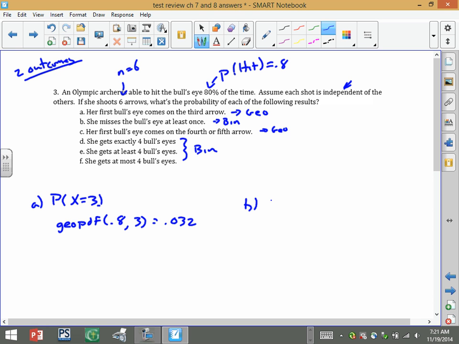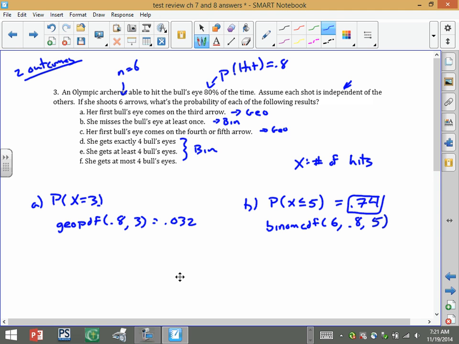So in other words, if x is the number of hits, that means that she gets less than or equal to 5 bullseyes. So here we don't have to do anything tricky, that's just binomial CDF. 6 shots, 80% chance, less than or equal to 5, and that's going to be equal to 0.74.